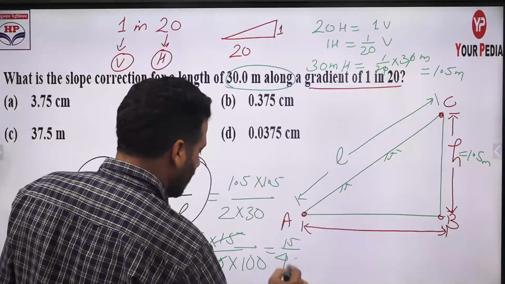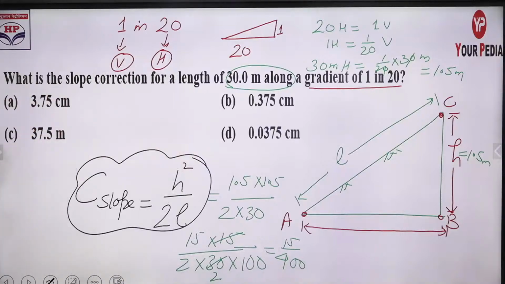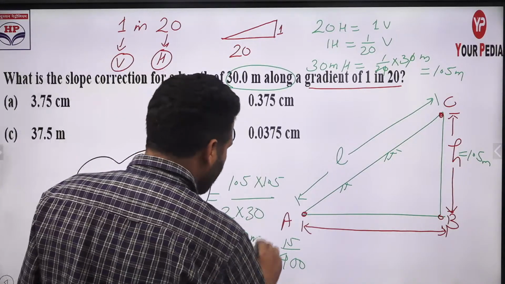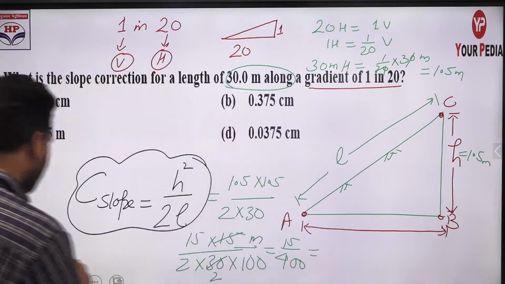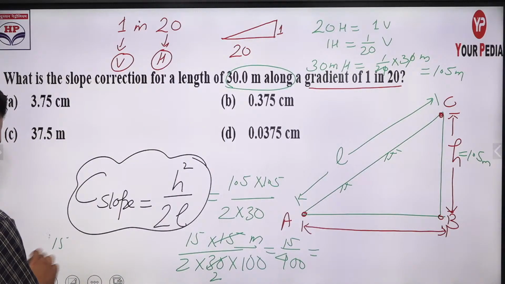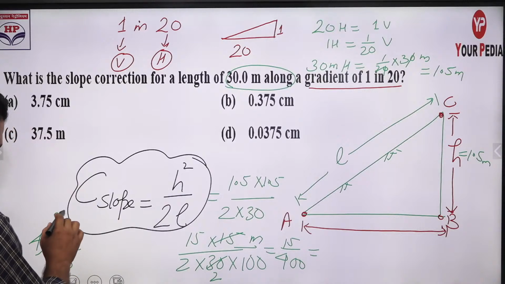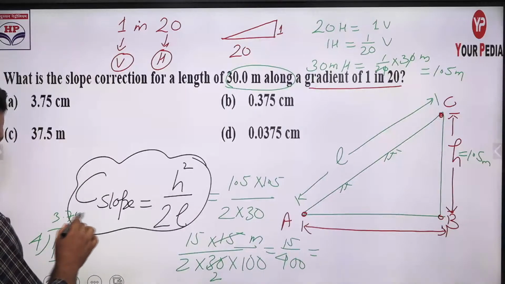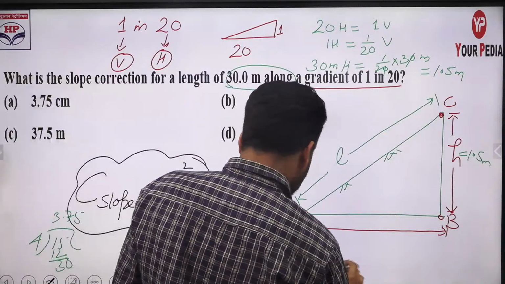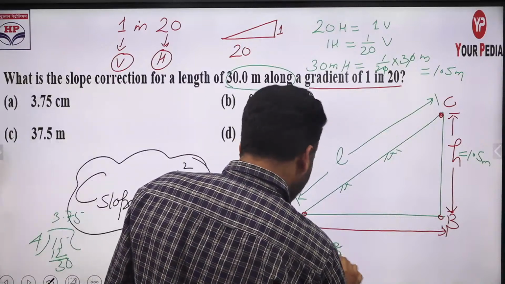Just solve it and place the two decimals, and you will get the answer. Although this is coming in meter, 15 by 4 is 3.75, and two decimals are there.